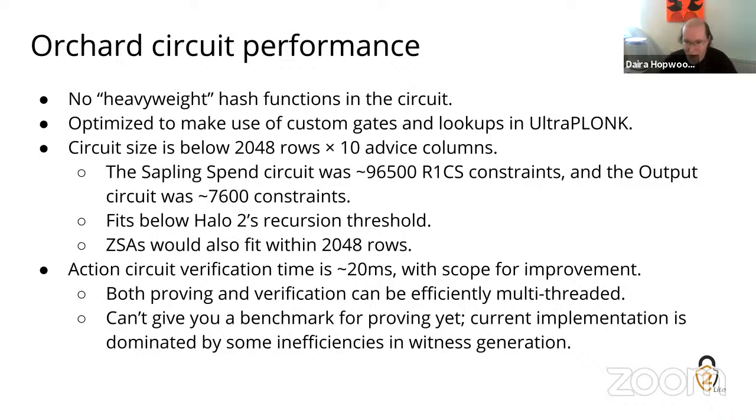And in particular, when we add recursion, the Orchard circuit is going to fit below the Halo 2 recursion threshold. So a recursive proof system has a minimum size of a circuit that it needs in order to support recursion, and the size of the Orchard circuit is below that. And even if we add CSAs, then it's still going to fit within 2 to the 11 rows.